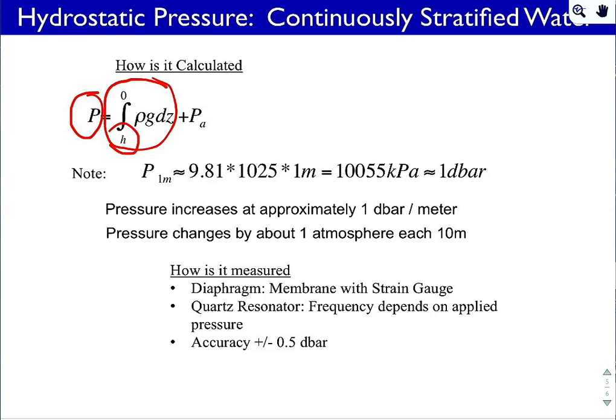Now if we throw some numbers in, we see that over a meter of seawater, 1025 is a typical seawater density, gravitational acceleration about 9.81 meters per second squared.